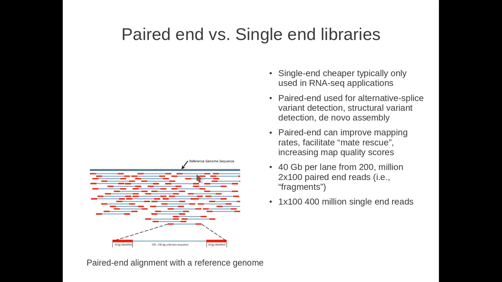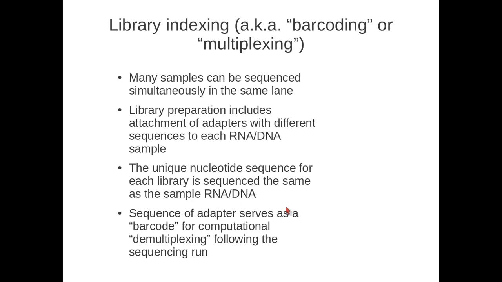But we'll call them together a fragment. So 1x100 then, just to carry on the terminology here, is one single end read with 100 base pair read lengths in that sequencing strategy.